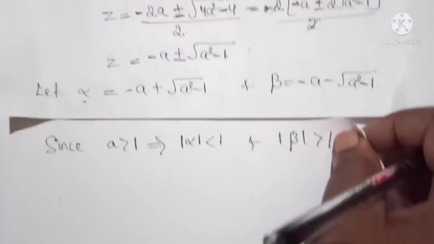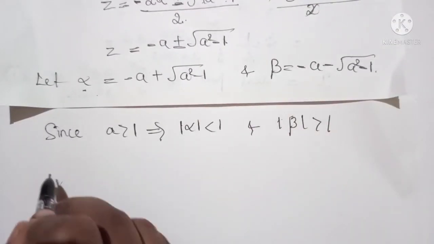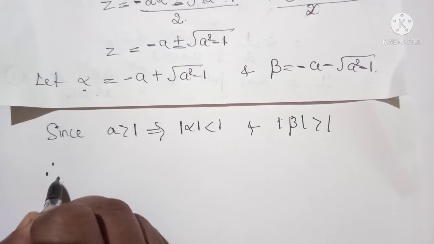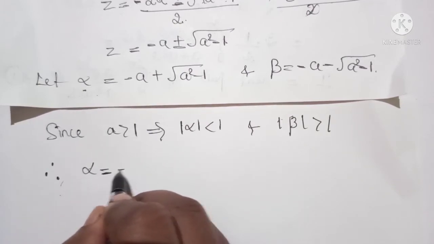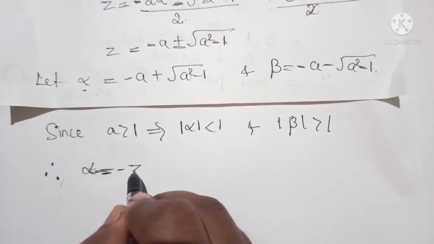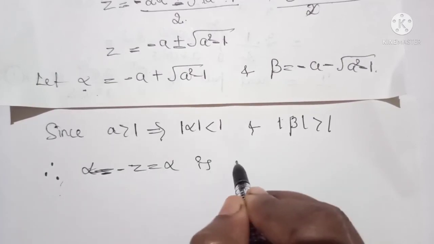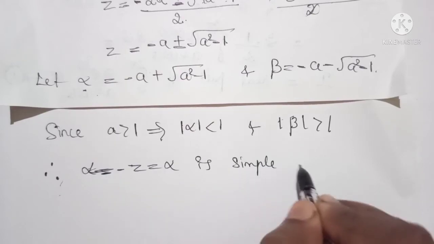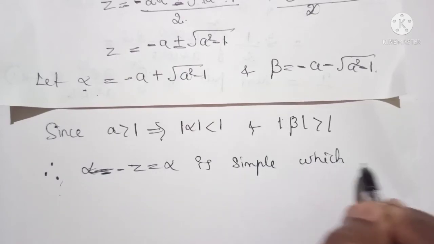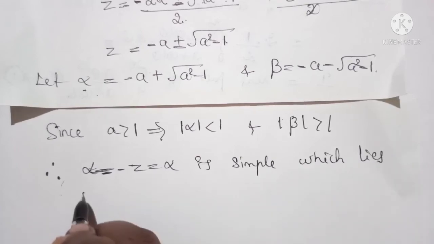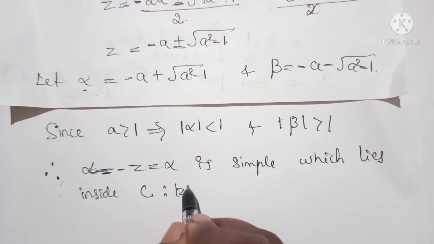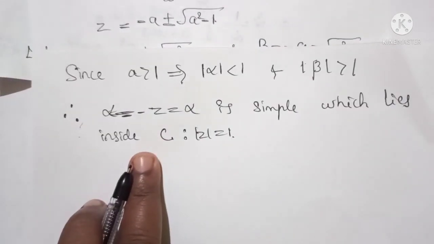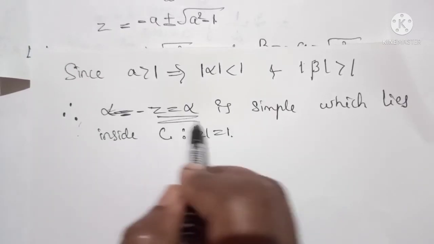Therefore z = α is a simple pole which lies inside C, where C is |z| = 1. So we find the residue only at z = α.